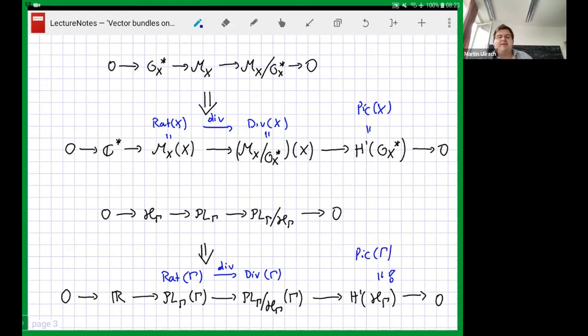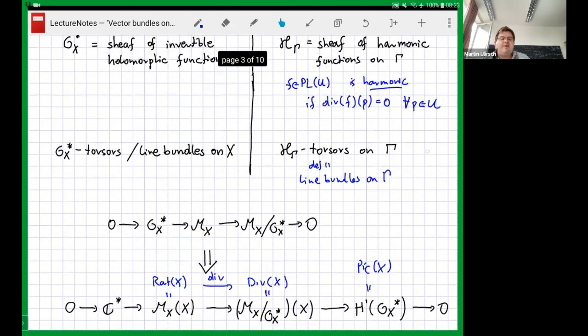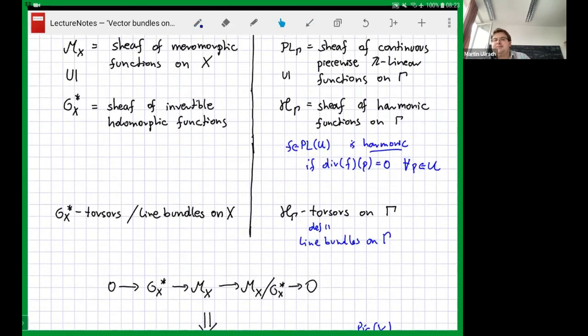Okay, so what I just recalled to you is the standard way of identifying divisors modulo linear equivalence with line bundles up to isomorphism. And that explains why this sheaf, the sheaf of harmonic functions, is actually a central object on a metric graph because it functions as the right analogue of O_X star.